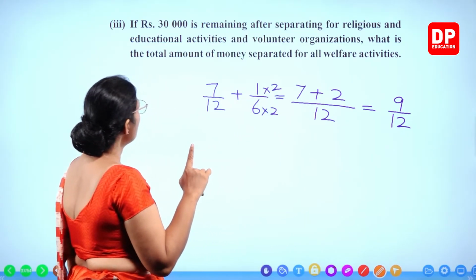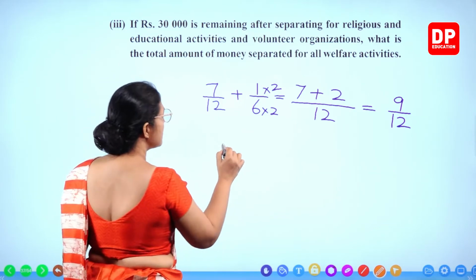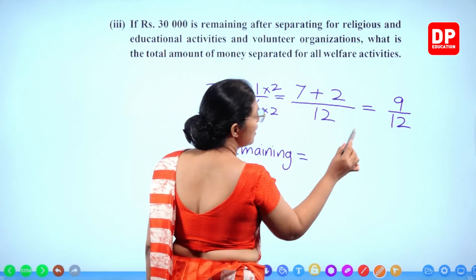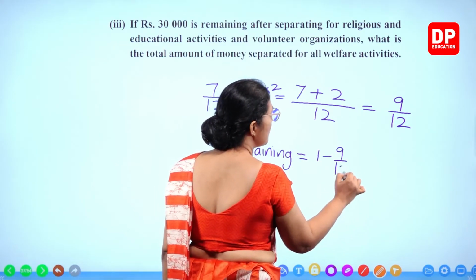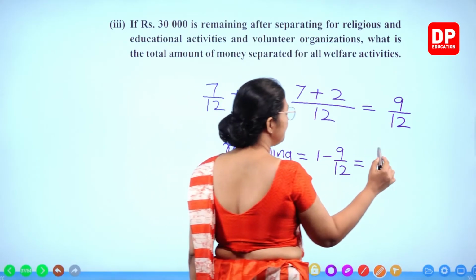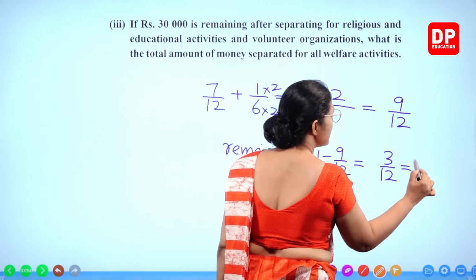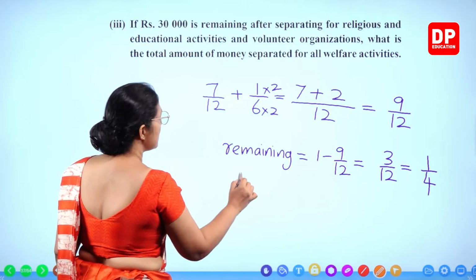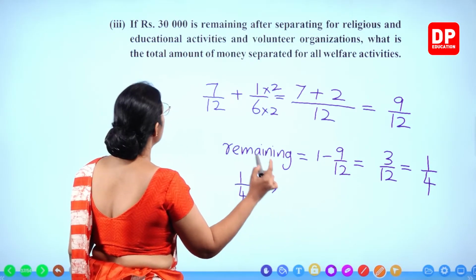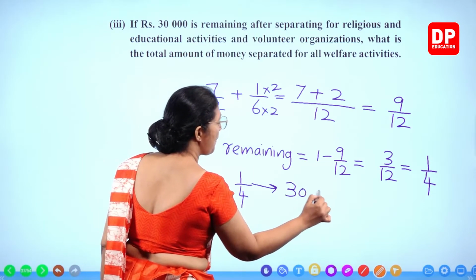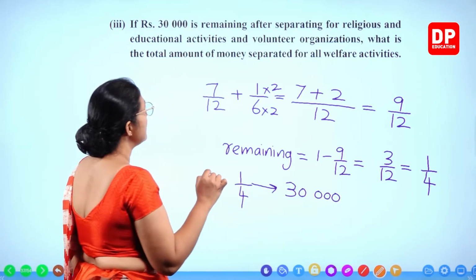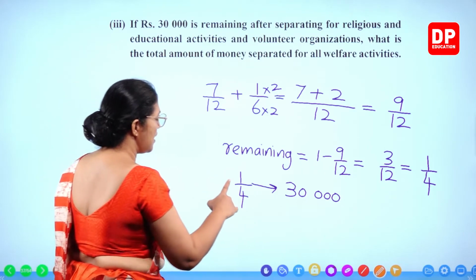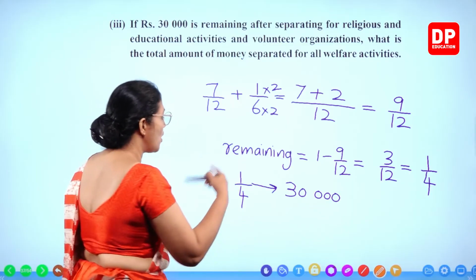And 30,000 rupees is remaining. So what is the remaining part? Remaining part is 1 minus 9/12. So 12 minus 9, 3/12, or you can simplify and write 1/4 is remaining. 1/4 is 30,000. That's the remaining part. And they're asking what is the total amount of money separated for all welfare activities. So one part is 30,000. So what is the full part?